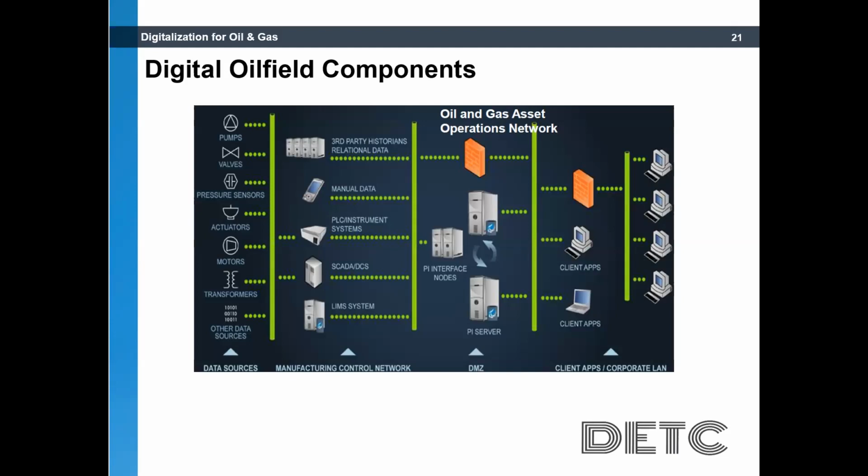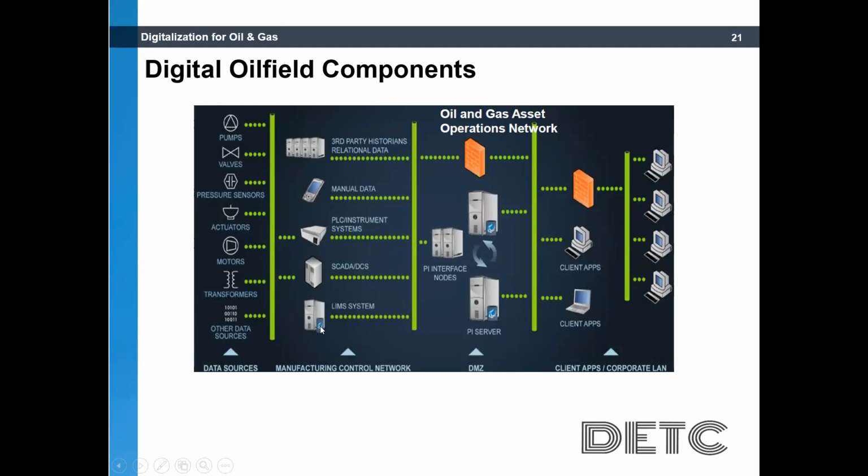We can see here, starting on the left side of the picture, the data sources where we add the sensors on multiple equipment, such as the pump, to measure the rate and the pressure of the pump.